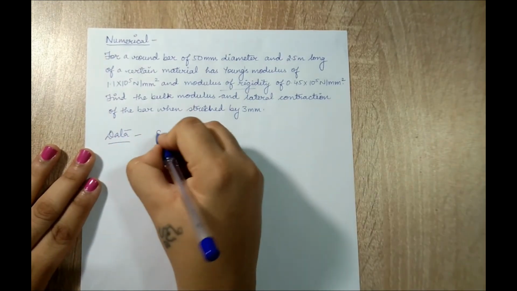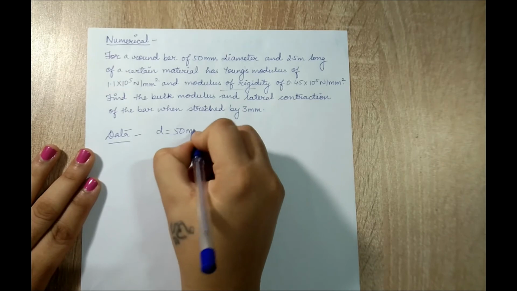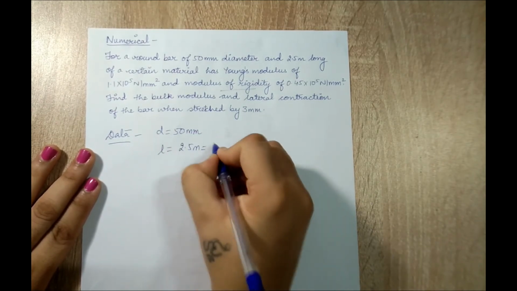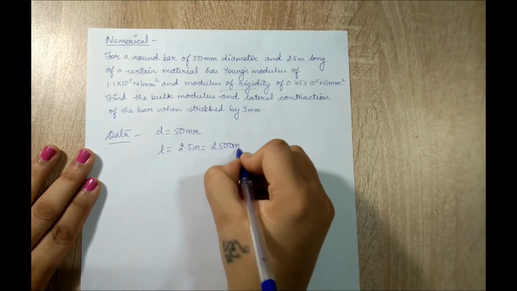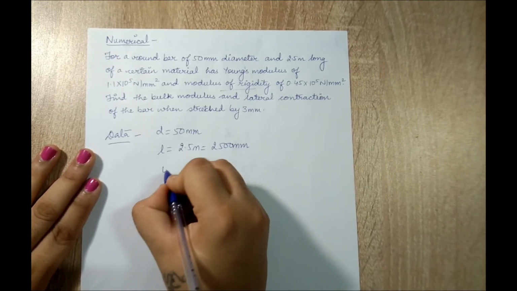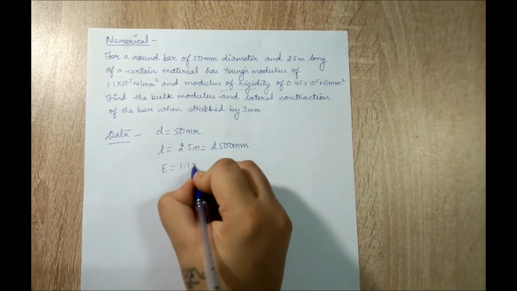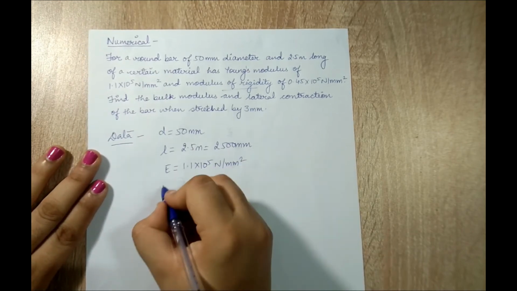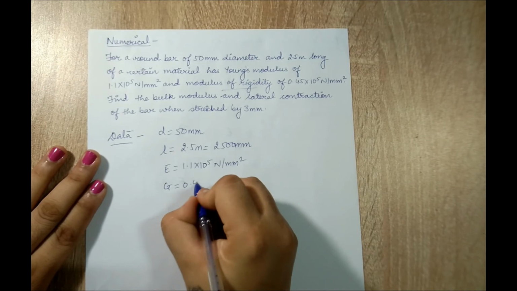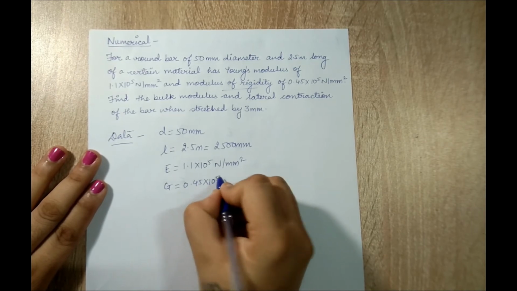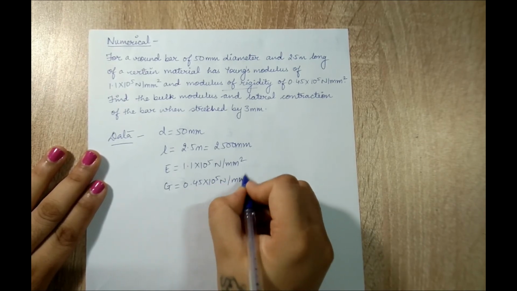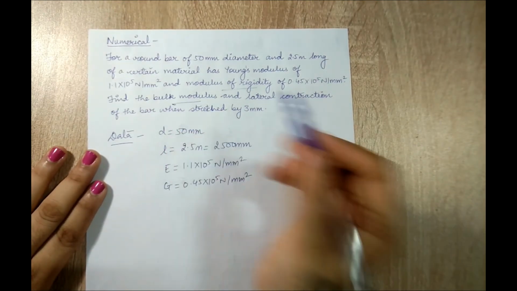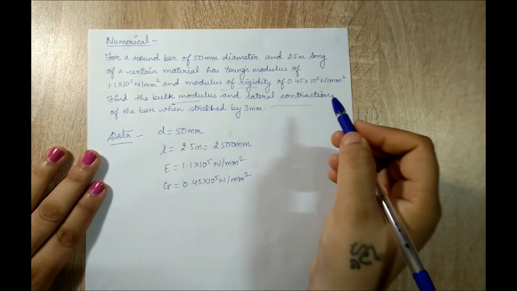It's a round bar, diameter is given as 50 mm, the length is given as 2.5 meter, which is 2500 mm. The value of E is given as 1.1 into 10 raised to 5 Newton per mm square, and the value of G is 0.45 into 10 raised to 5 Newton per mm square. Find the bulk modulus. I need to find K and lateral contraction of the bar.